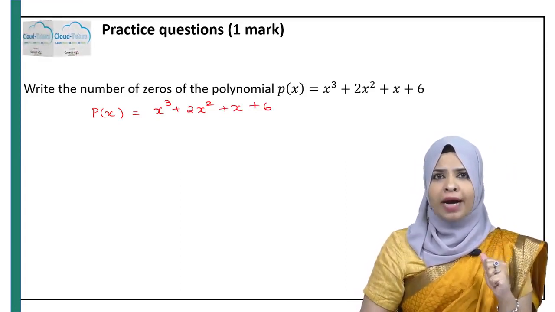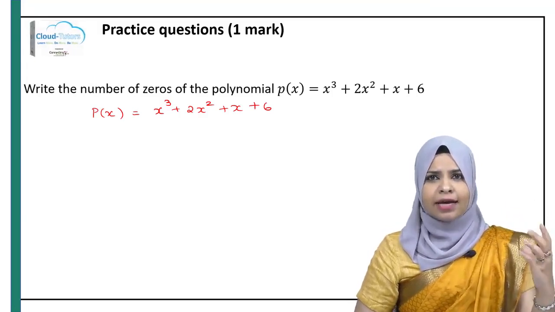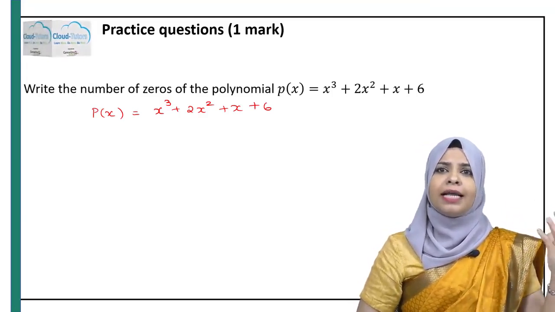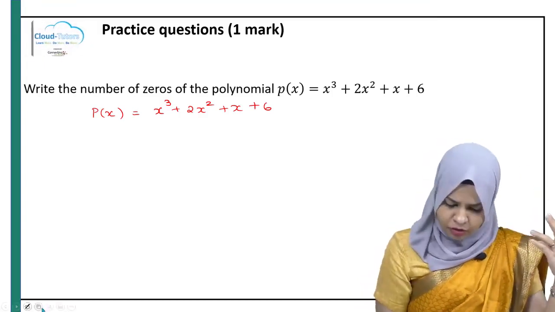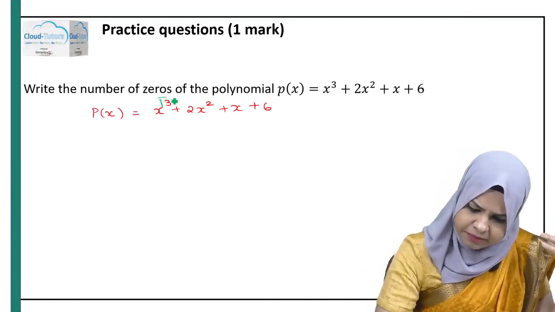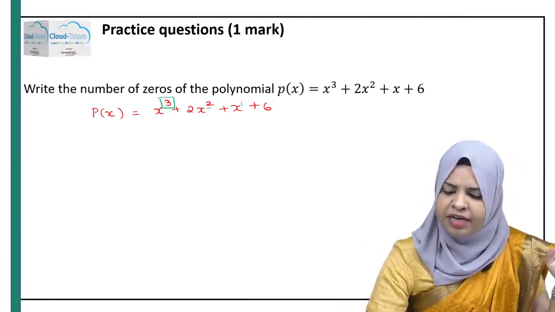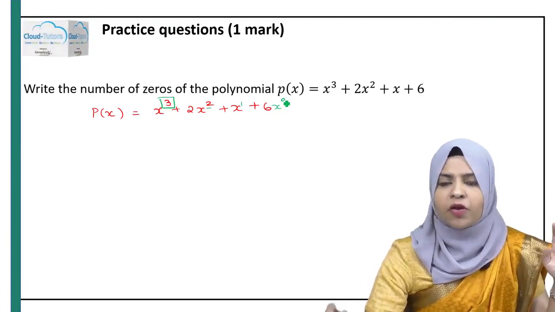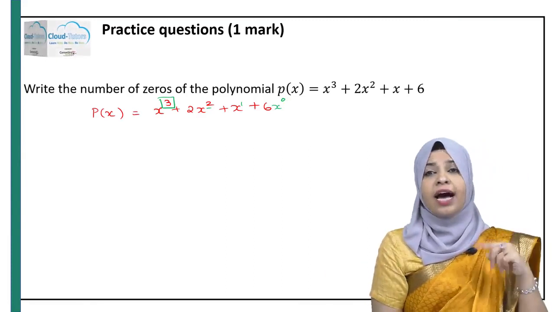So I want to find how many zeros this will have. We just learned a few seconds back that the zeros of a polynomial are determined by the degree of the polynomial. So here, what is the degree of the polynomial? It is 3, the highest degree is 3. Definitely we have x squared, we have x here, and here it would be x to the power of 0 as well, right? But we have to concentrate only on the highest degree.